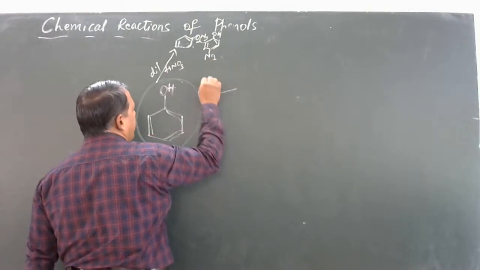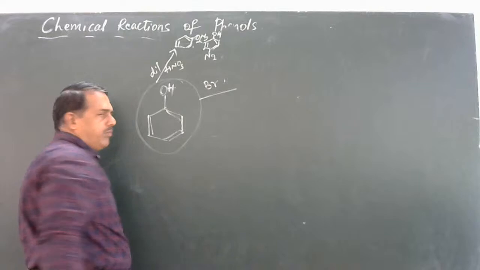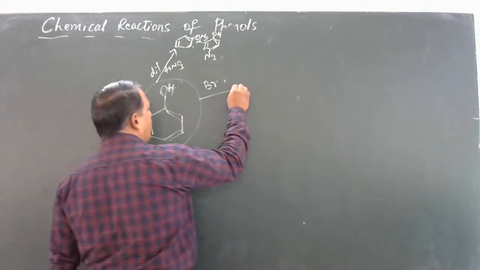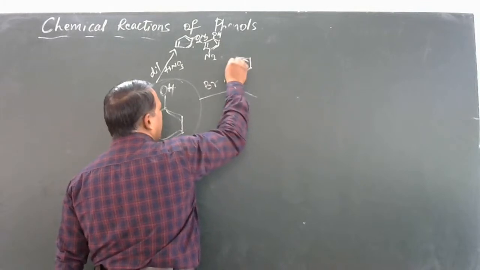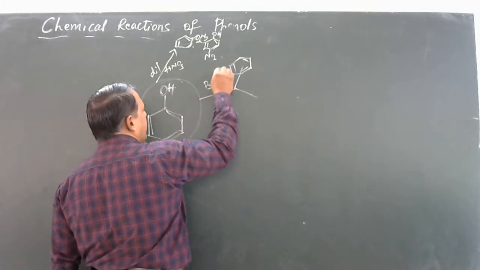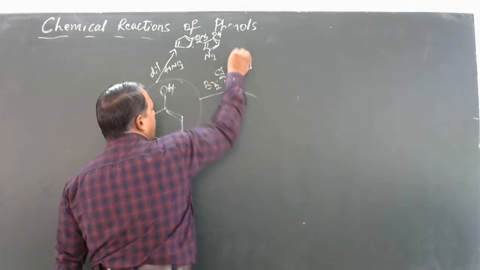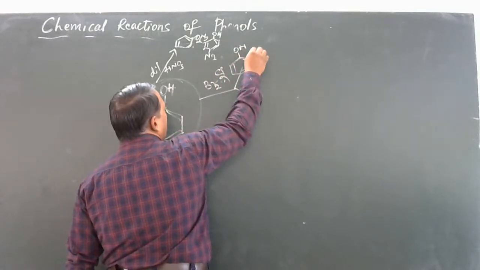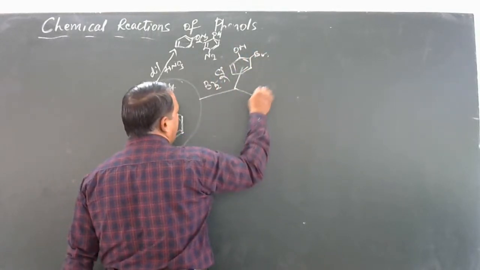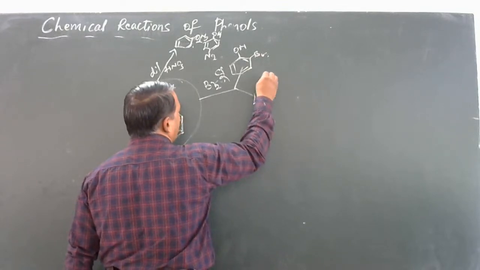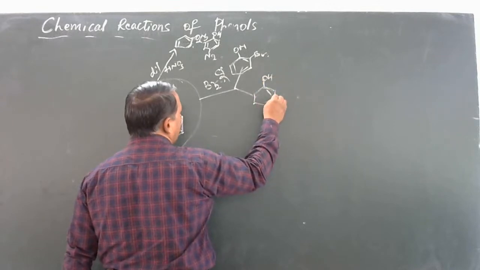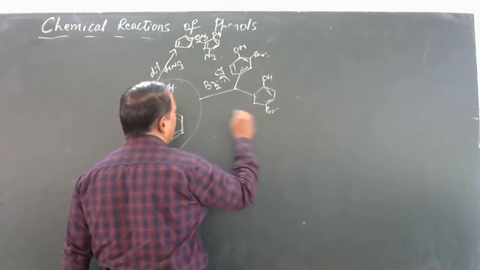And again, bromination. In bromination also you will get two types. One is bromination with CS2, so you will get ortho-bromophenol and another one is para-bromophenol. Is it not?